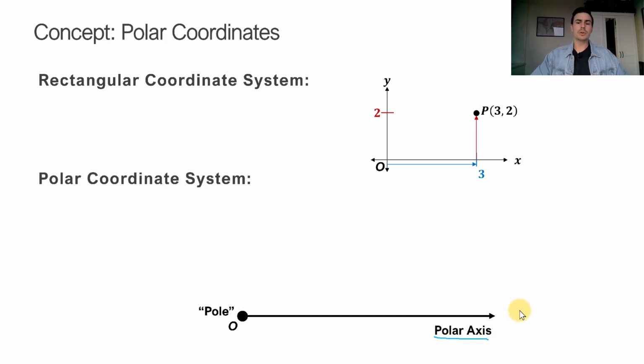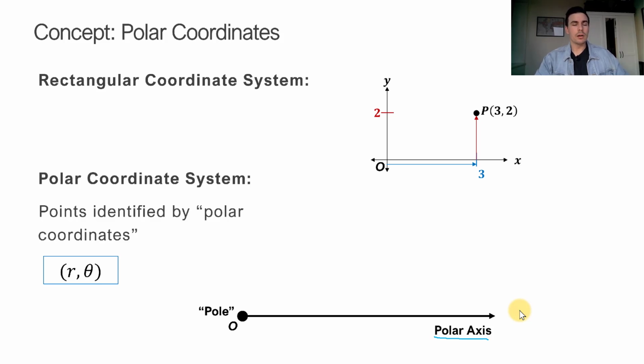When we graph points, points are going to be identified by what we call polar coordinates, and those coordinates are denoted as (r, theta). So instead of (x, y), we now have (r, theta), and you're probably asking, what is that? If I have a point that I'm graphing in my polar coordinate system, r is going to be the distance from the pole to that point.